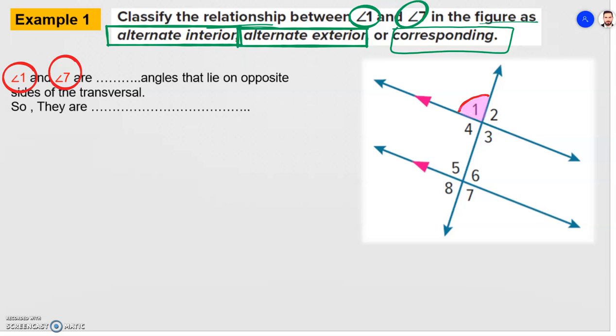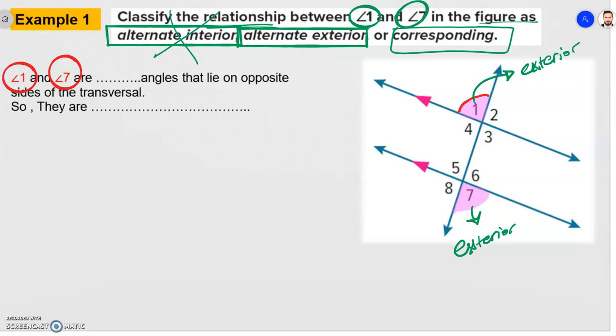And where is angle 7? This is angle 7. I can see that angle 7 and angle 1 are exterior angles, outside. This is exterior and this is also exterior, so I will not use interior alternate.